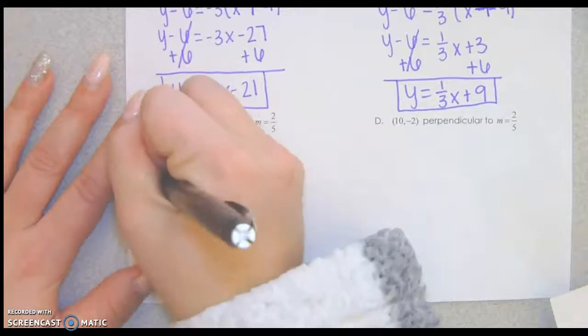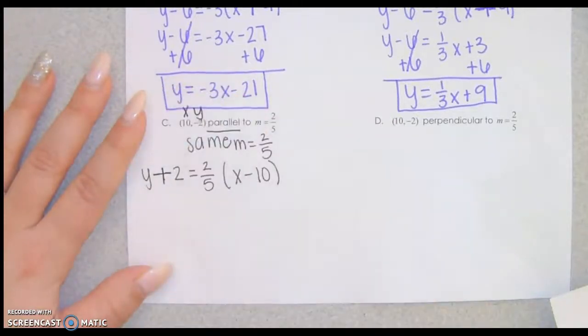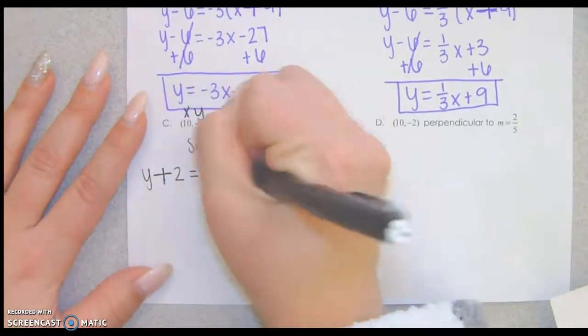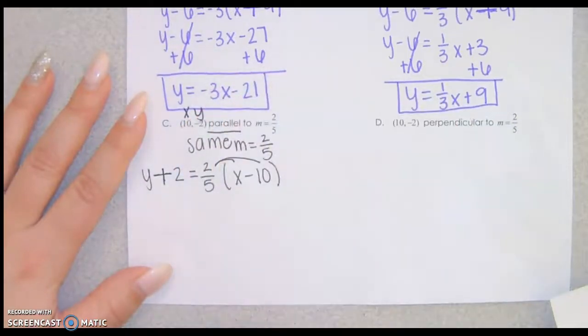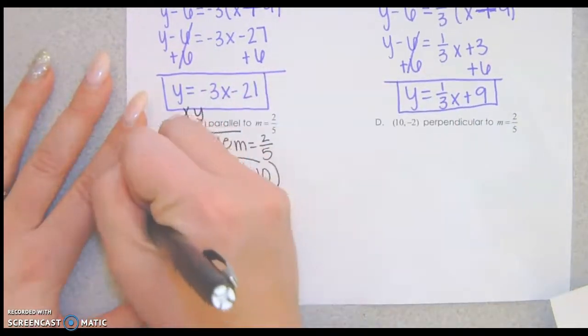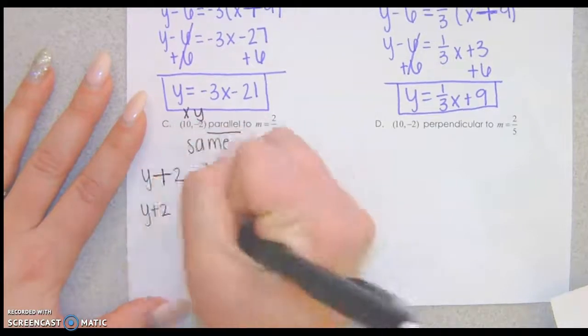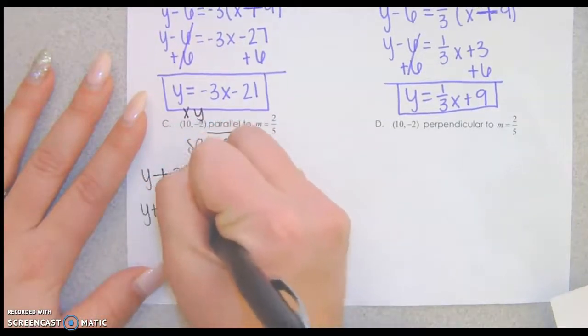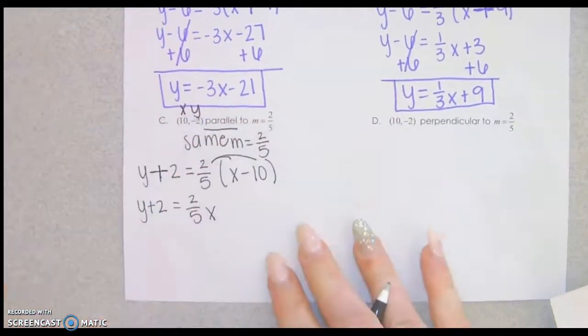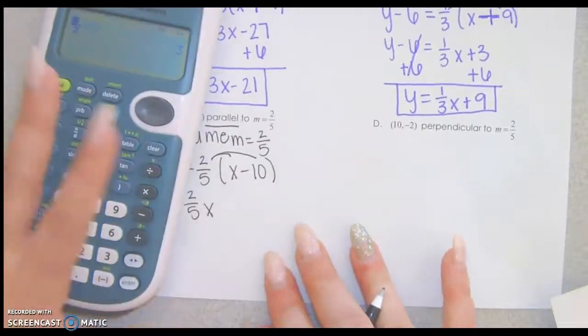Remember, our 2 negatives become a positive, and we're going to distribute 2/5. So I have y plus 2 equals 2/5 x. Take out your calculator.